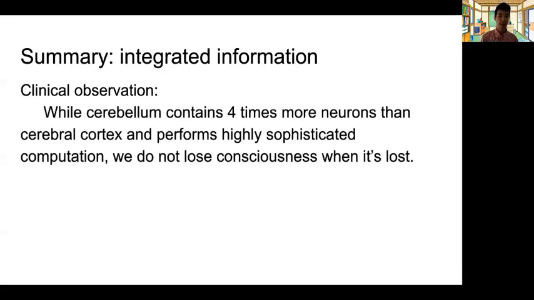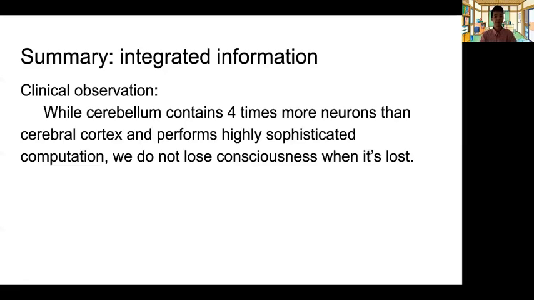All right, then what I finally explained was the clinical observation of cerebellum patients. The cerebellum contains 4 times more neurons than the cerebral cortex and performs highly sophisticated computation like motor control, language production, and so on. However, we do not seem to lose consciousness when it's lost, and it's not only because of birth defects.